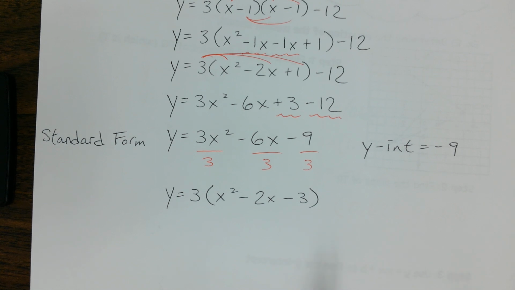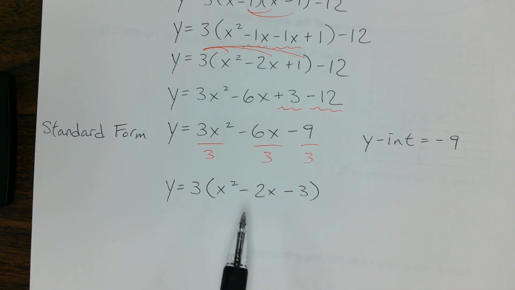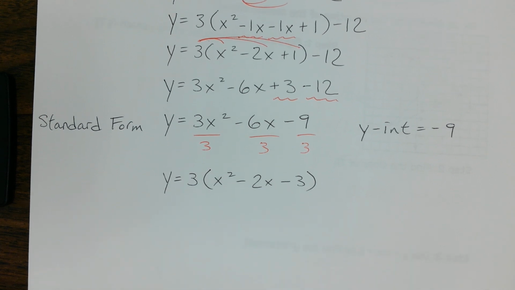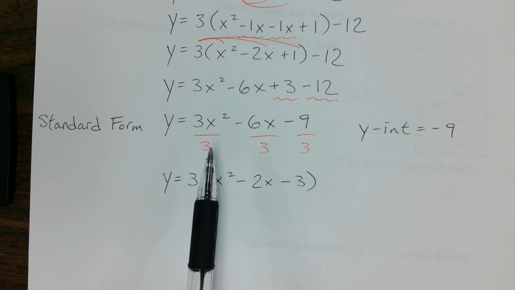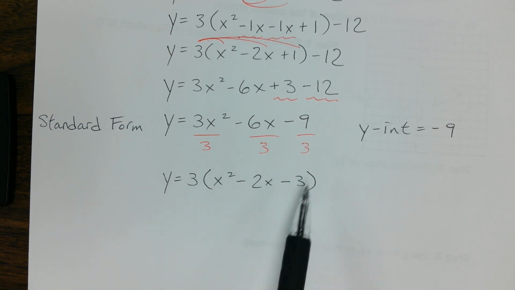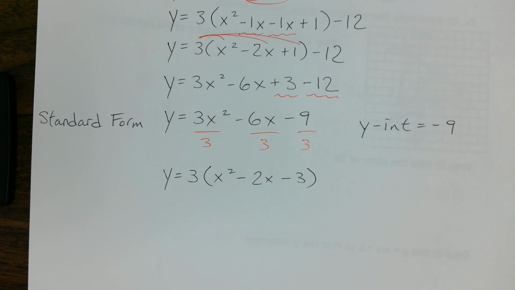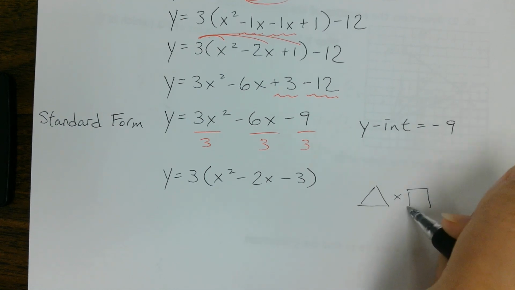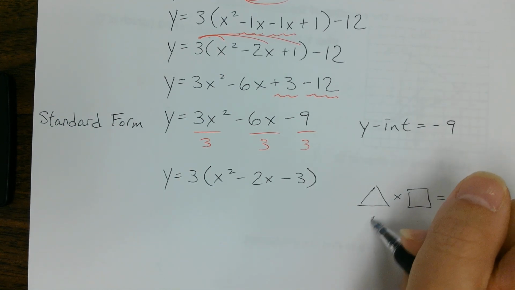Can we go further with this factoring? What we did was we took a common factor out of these 3 terms, but this right here, we have a trinomial. So remember from last chapter, trinomial factoring? Triangle times square equals negative 3.